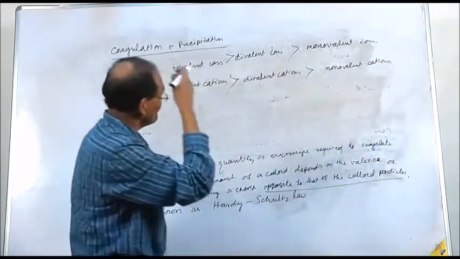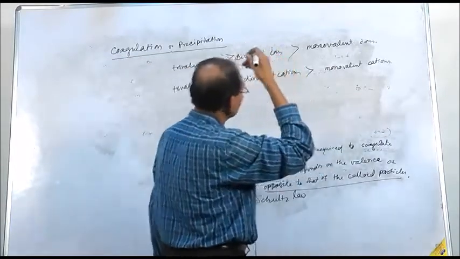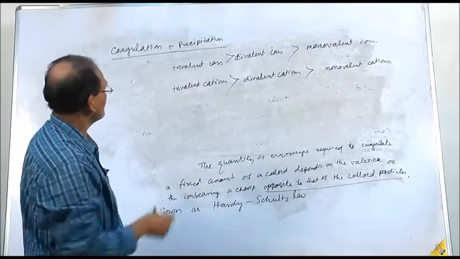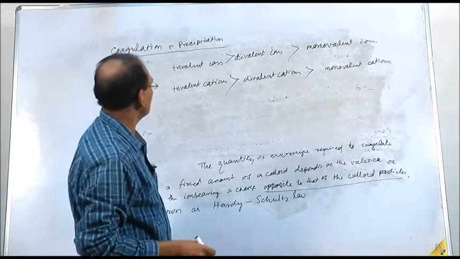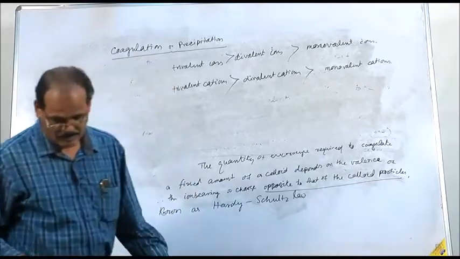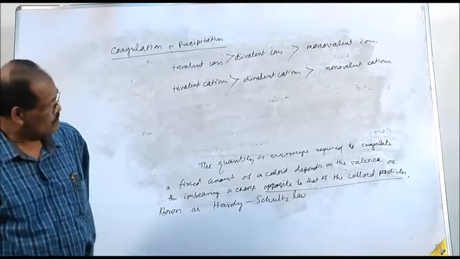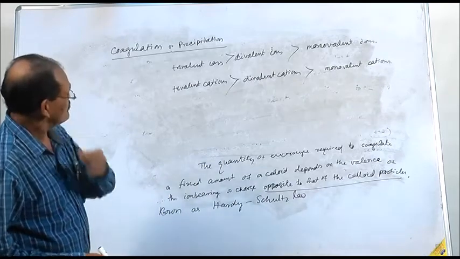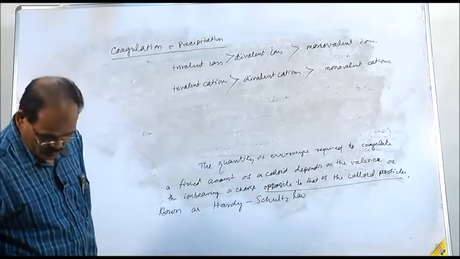So, using divalent cations gives more than 70 to 80% increase in the precipitation, and using trivalent cations gives more than 500 to 1000 folds. So, to get this, we have to use the Hardy-Schulze rule.